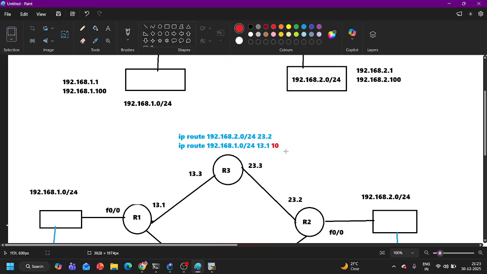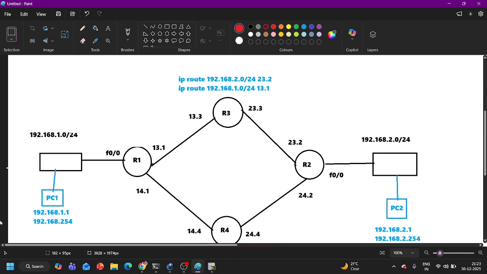What I want, as I told you, is that the ICMP request from PC1 to PC2 should go via router number 3, and I am adding one more line: if R3 is not available, then request and reply should all go via router number 4. In that case, you have to add a backup path. Good, great.